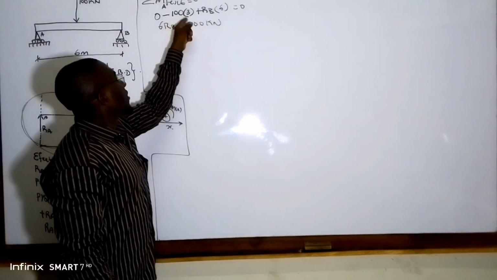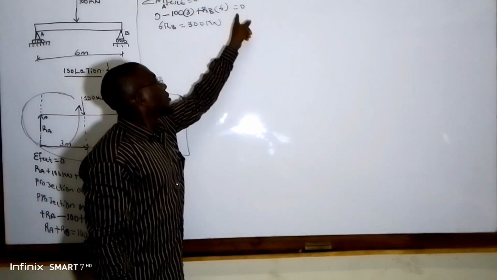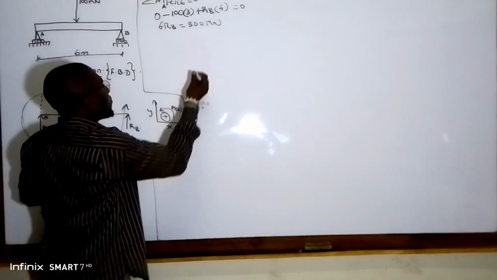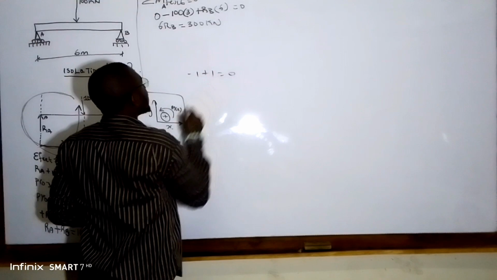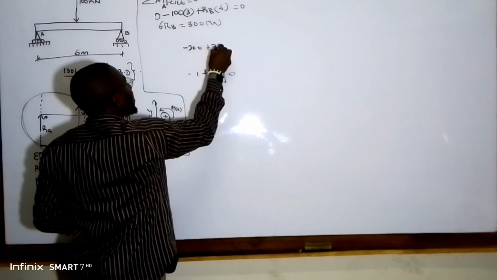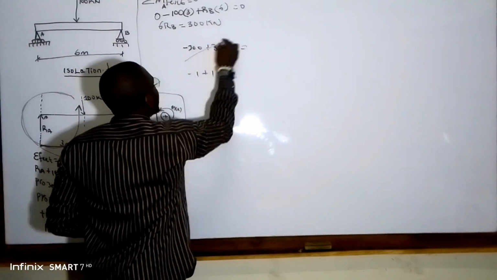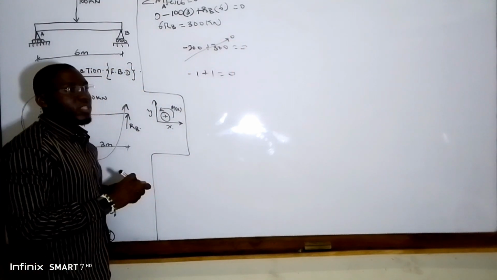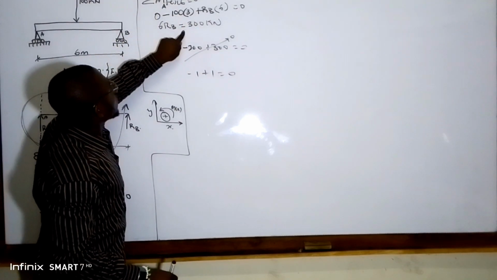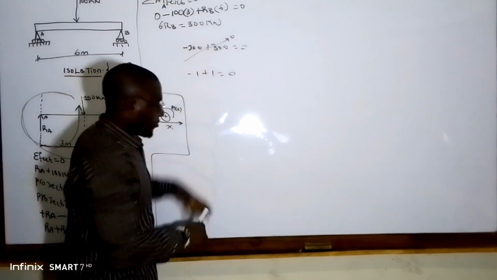Negative 300 plus 300 is equal to 0, just as negative 1 plus 1 is equal to 0, plus 300. That is why we are now left with 6 RB equals 300 kilonewton.